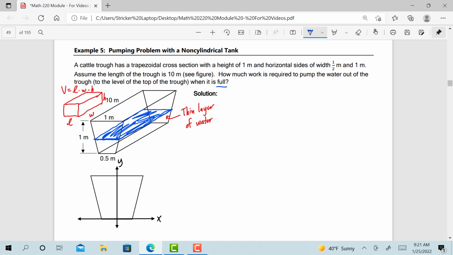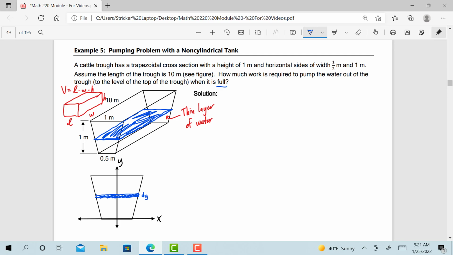So if we have a very thin layer of water, first of all, since the thin layer of water is going vertical, the thickness, we can think of that as dy. And then what's going to be important is for us to figure out how far it is across horizontally.